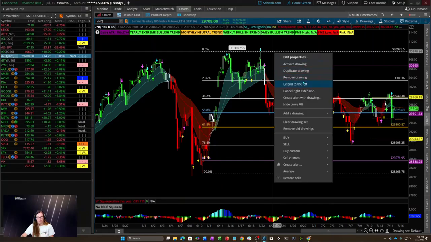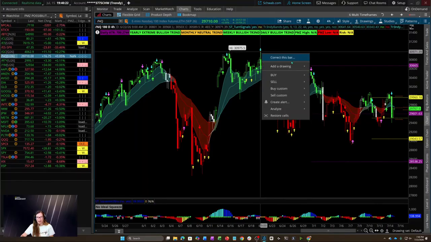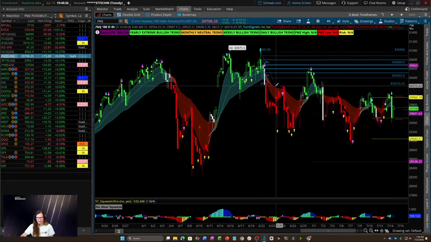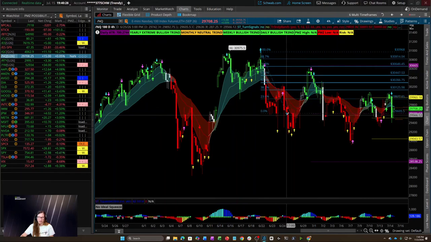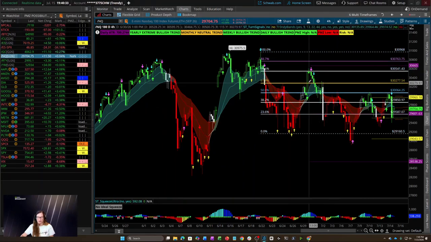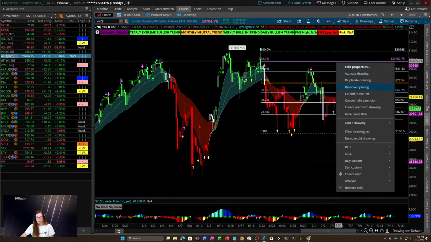Okay? Then at that point, the range that I need to measure is a downward range because price broke below that 618. So then if I measure here, you will notice that we broke above the 618. So that is not the accurate range to measure.